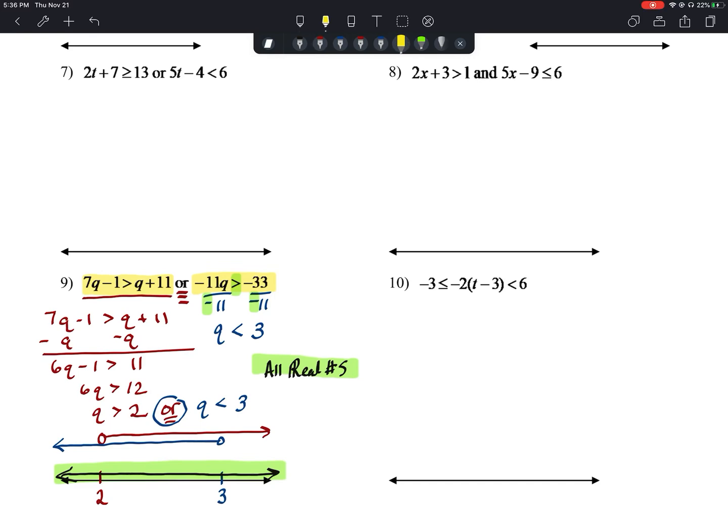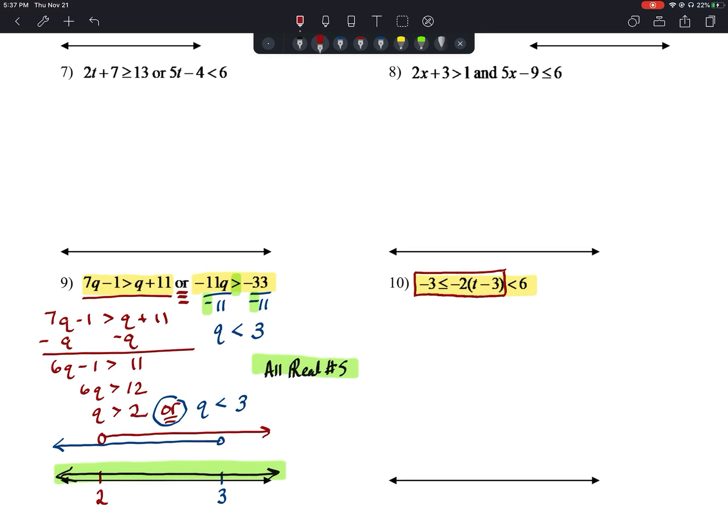Number 10, we've got negative 3 is less than or equal to negative 2 times the quantity of t minus 3, and then that negative 2 times the quantity of t minus 3 is going to be less than 6. So we're looking at a conjunction. We'll break this apart here. You can do it the other way I showed you in class if you'd like to, but I'm going to break it apart just to make sure I'm getting it correct.